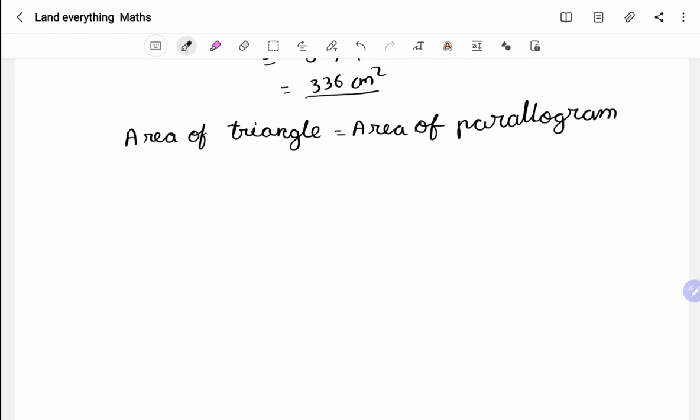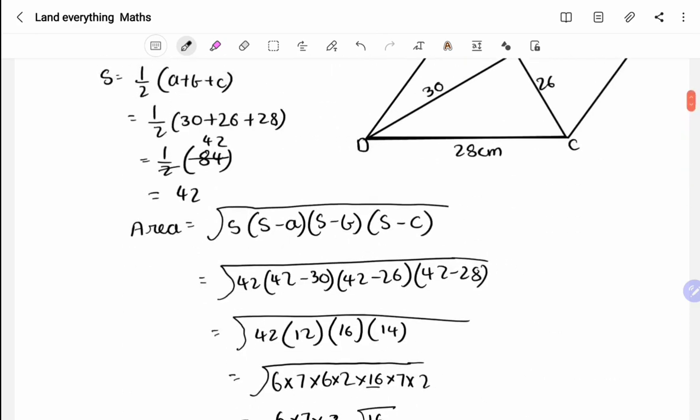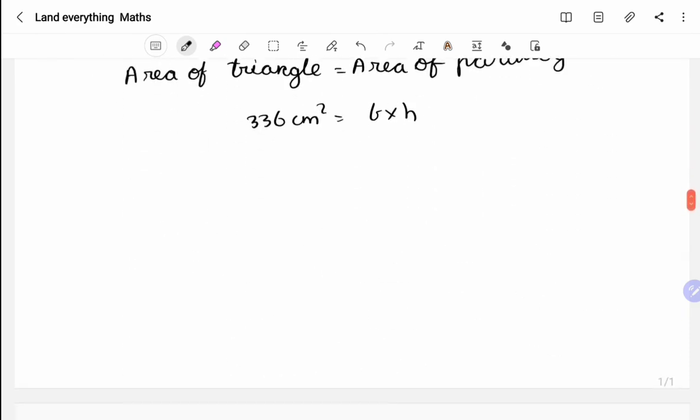As we got here, area of triangle is equal to 336 centimeter square, which is equal to, formula to find area of parallelogram is equal to base into height. We know that base is 28 centimeters here, so 336 is equal to 28 h.